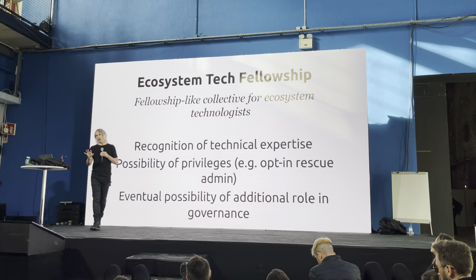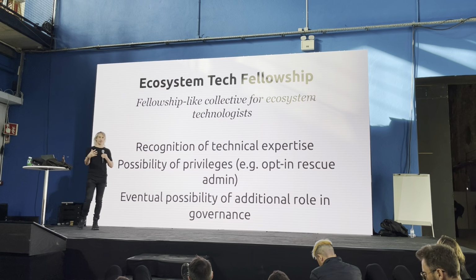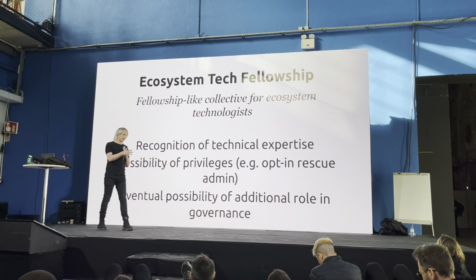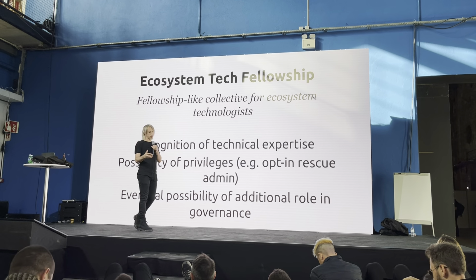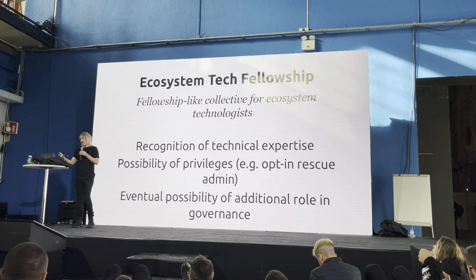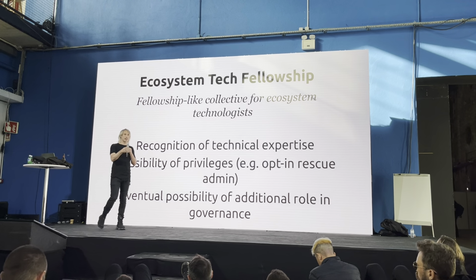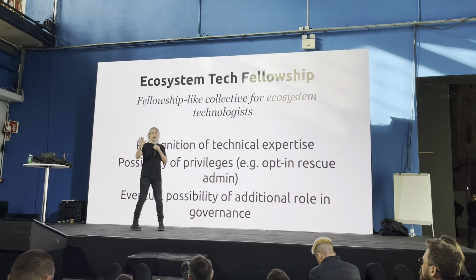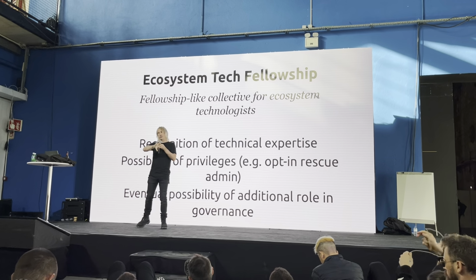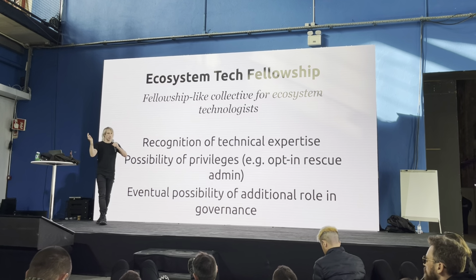Now, this will be partially fixed in Gov2 anyway, simply because it will be a different origin that is required, one that can be executed much more optimistically. But even ignoring that, it could be that the Ecosystem Tech Fellowship itself is a democratic body that can vote in order to essentially unbrick a parachain, rescue it, move it back to a previous state, whatever.